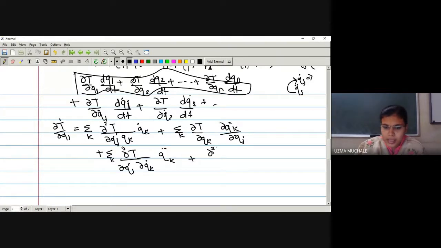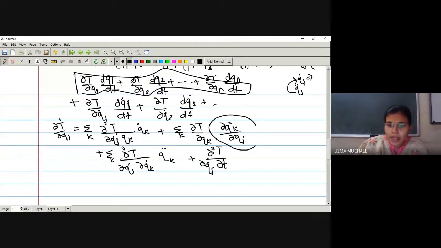The last term was T with respect to small t, and now we are differentiating with respect to q_j dot. So first we have found the derivative of T dot with respect to q_j dot.